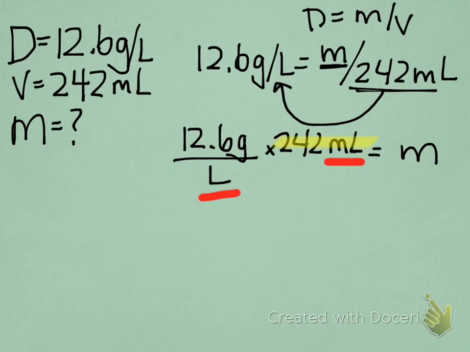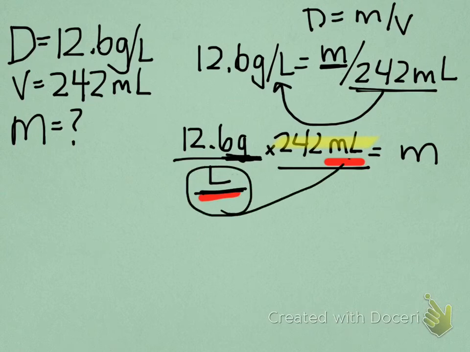Do not convert the one that has 2 units, the one with grams and liters. Okay? Because when you're converting, you're messing with this grams unit as well. So we're only trying to deal with 1 unit at a time. So what we want to do is we want to make this 242 milliliters into liters, so they will cancel.